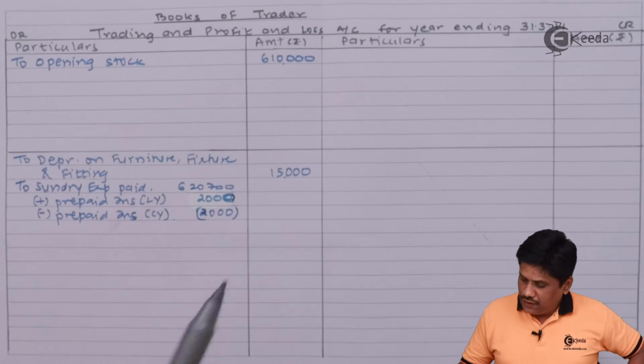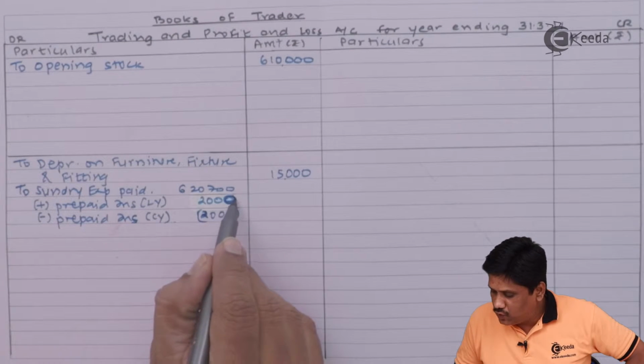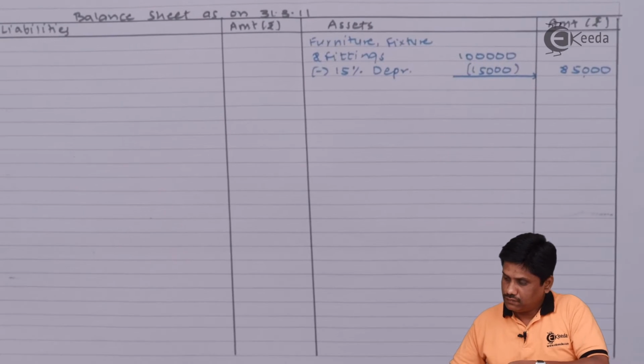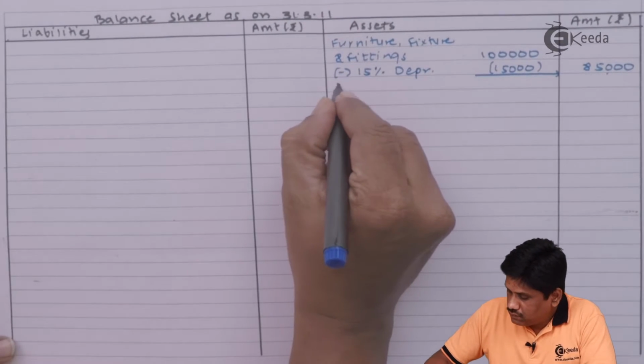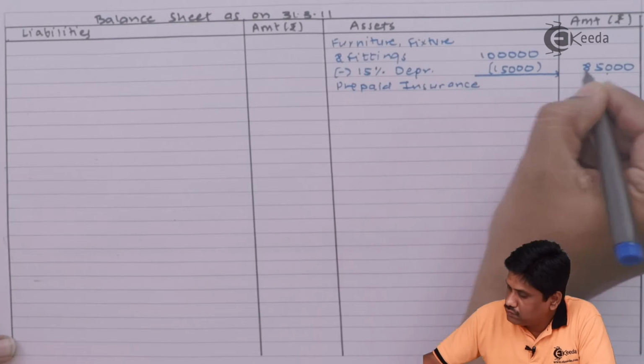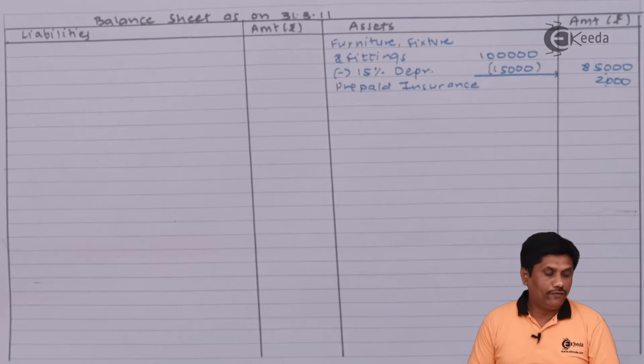Current year's prepaid insurance will be current year's asset, as last year's prepaid insurance was last year's asset. So current year balance sheet asset side. In this way we have completed adjustment for insurance.